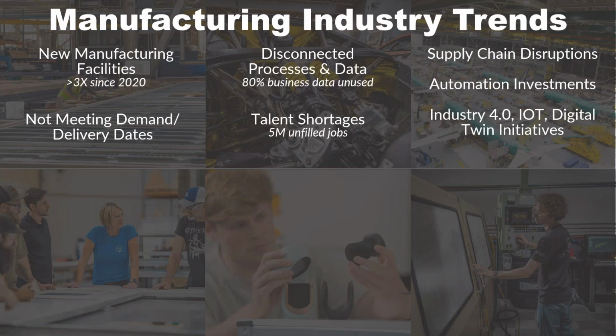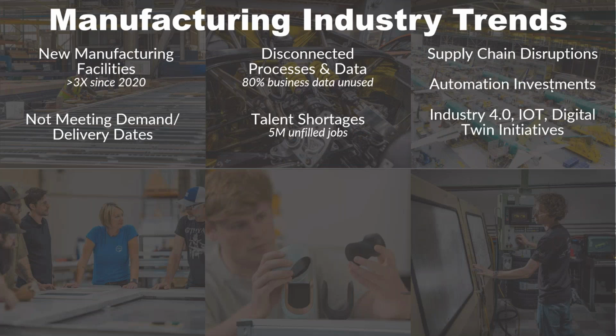Organizations are redesigning their facilities, or building net new facilities, to prepare for growth. There's also a major talent shortage, with currently about 5 million unfilled jobs out there because there aren't enough people looking for a lot of those manual assembly-type operations.